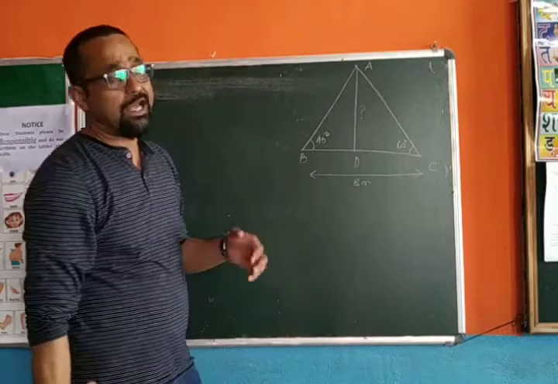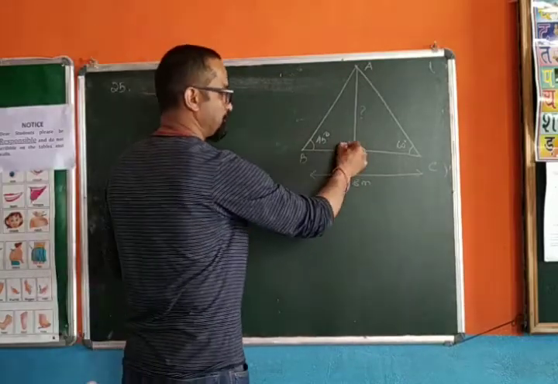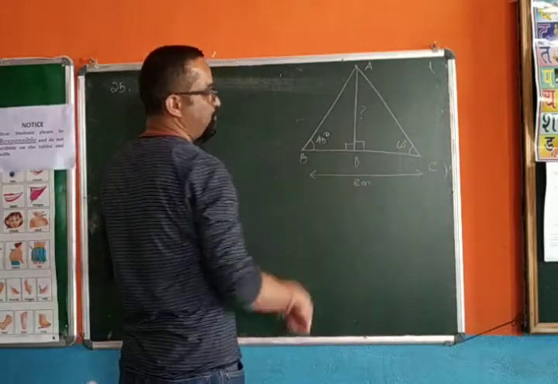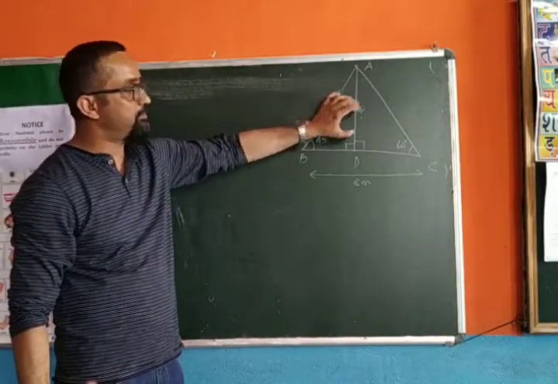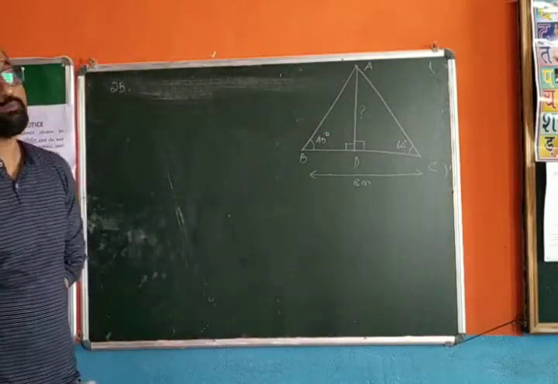There are two right angle triangles, so you have to use both triangles to calculate this altitude, the perpendicular.